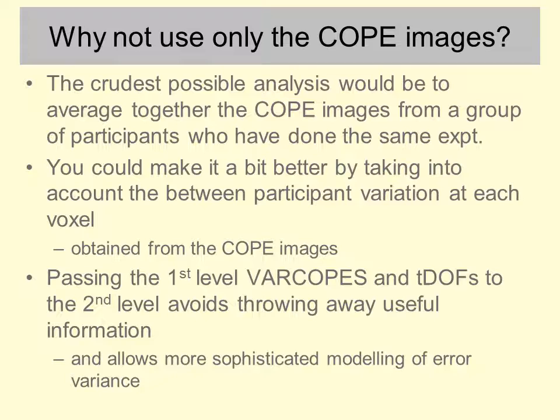Whereas for participant 1, it's a small but consistent, less variable difference. And so actually the first participant provides stronger evidence in favour of the prediction that you're interested in than the second one. And it's useful to take that information about reliability up to the second level, which allows a more sophisticated modelling of the error variance at the second level.